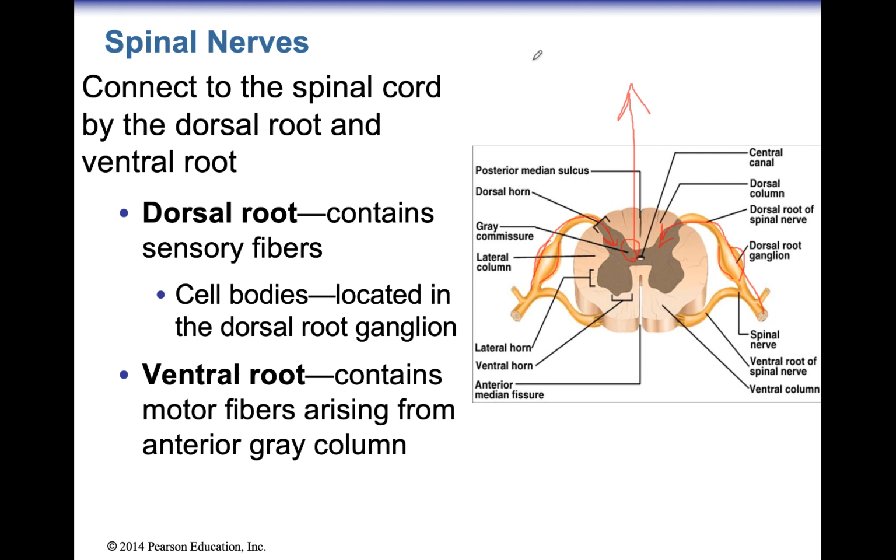If you recall, when we were talking about cells way in the beginning of this class, we talked about what ganglions were. When you have several cell bodies clustered together, let's draw all of our cell bodies of our neuron. This cluster of cell bodies in the neuron, this region here, it's called a ganglia.